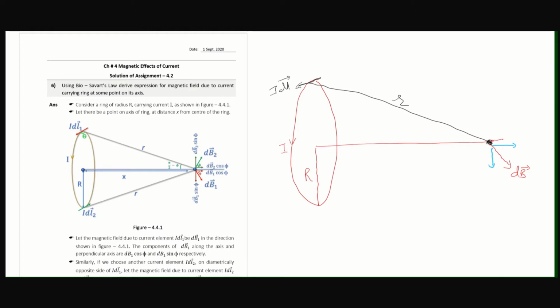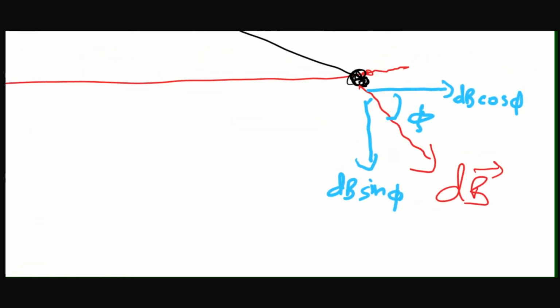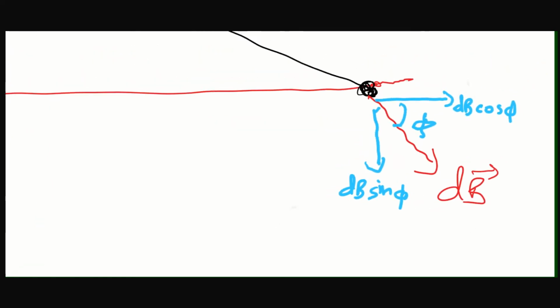So if this is say angle phi, then this will be dB cos phi, and this will be dB sin phi. The component perpendicular to the axis is dB sin phi, and parallel to the axis is dB cos phi.